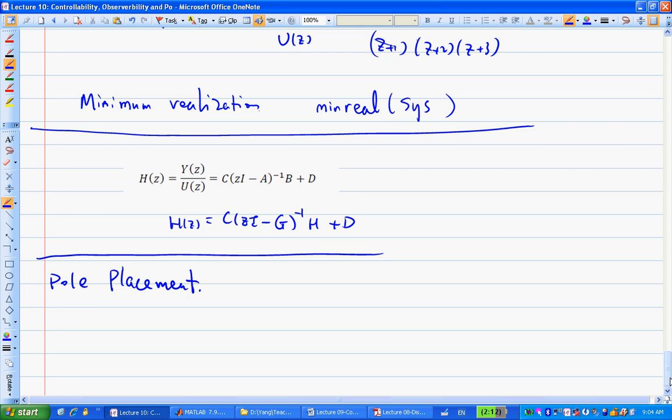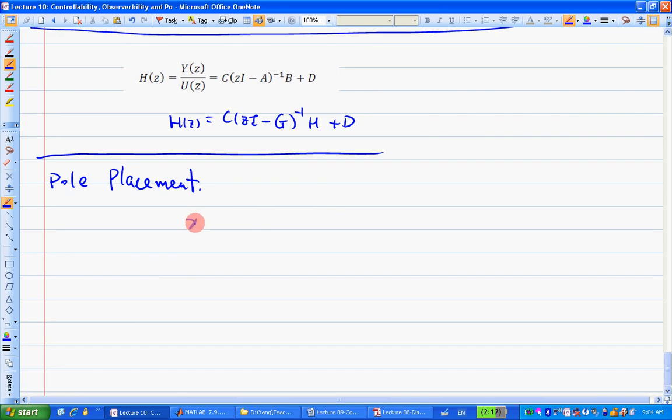So again, let's list the information out here. This is a system. For this system, there might be an initial condition. Maybe it's not 0.